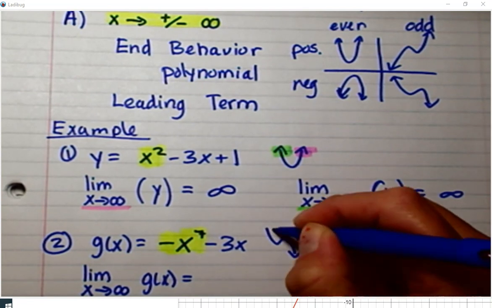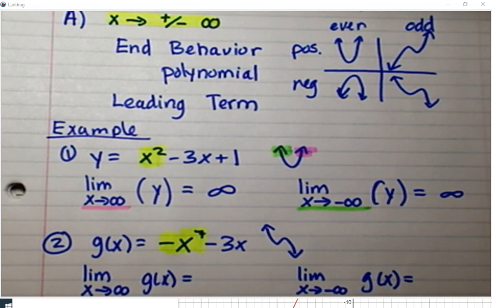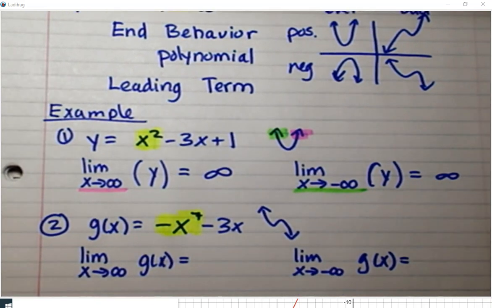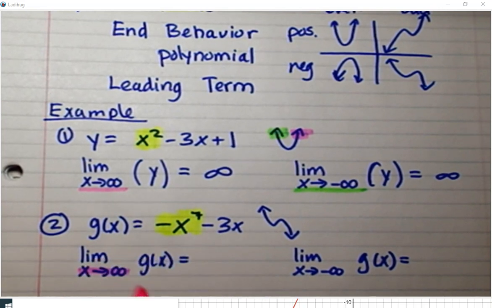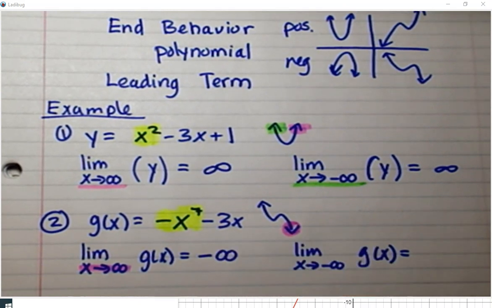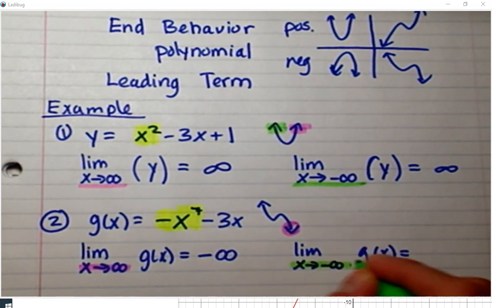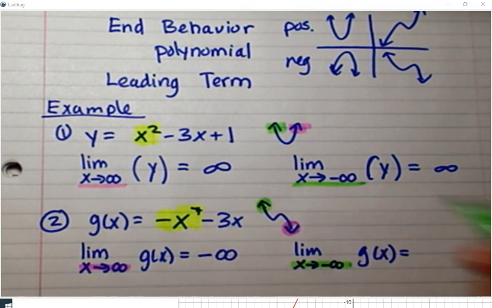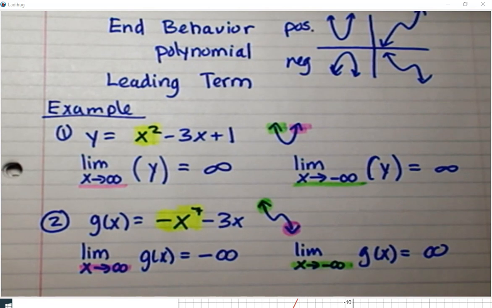This is just like a shortcut picture of what the arrows would do on the graph. Okay, so now the right side is the right arrow. The right arrow is pointing down. Negative infinity, the left arrow, is pointing up.